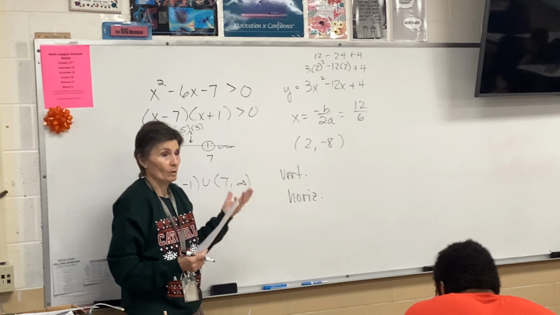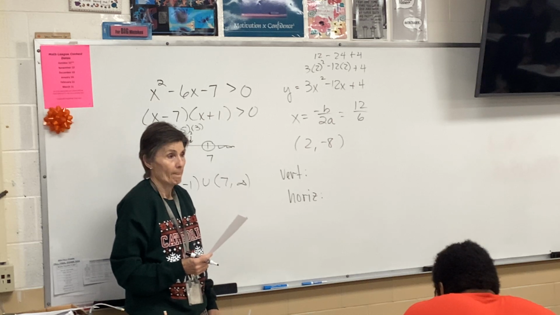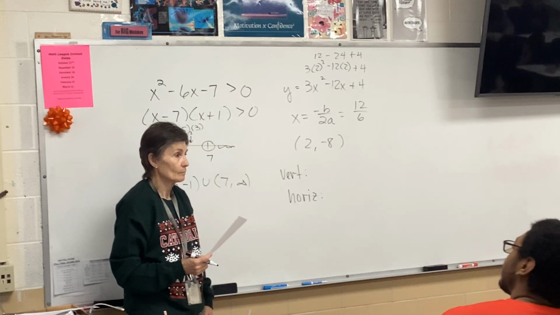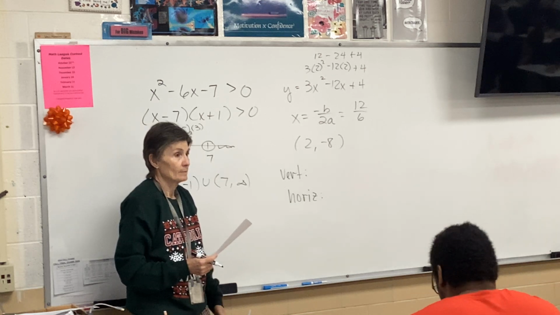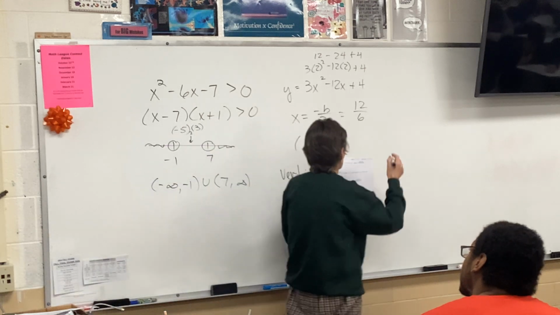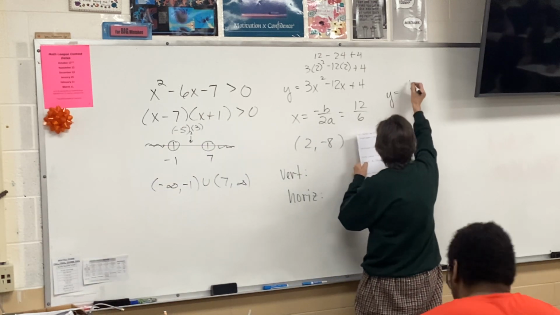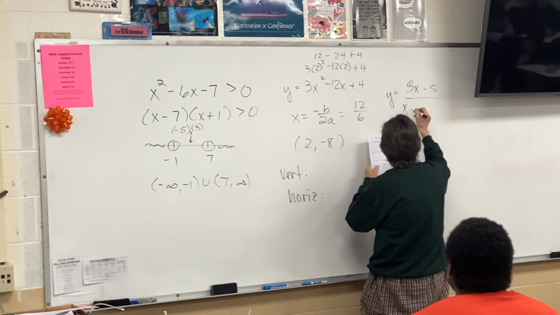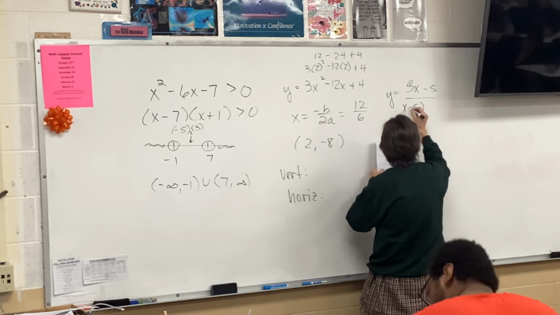How do we find either one? Oh boy. We gotta factor our denominator. Our denominator tells us, let's see, x minus 5, x plus 1.